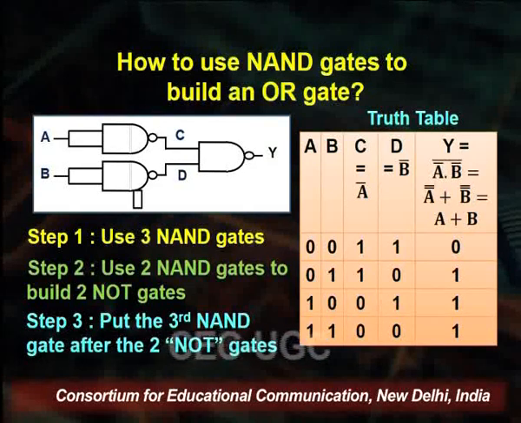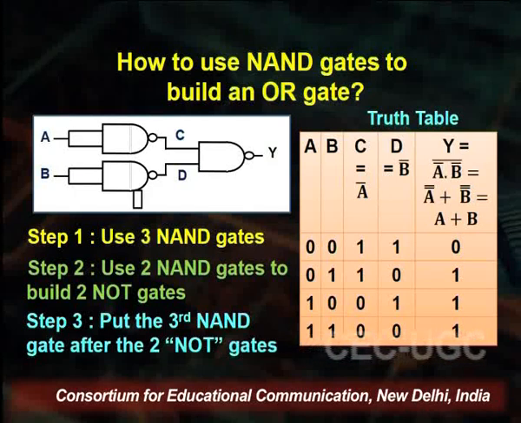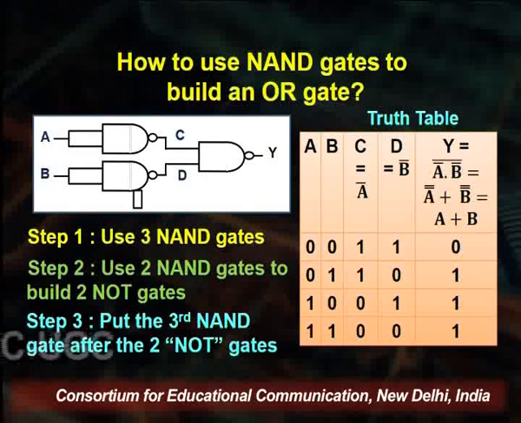For the input combination A equal to 1 and B equal to 1, we have the values of C and D both being equal to 0. For the 0 0 input, the final NAND gate gives an output equal to 1.